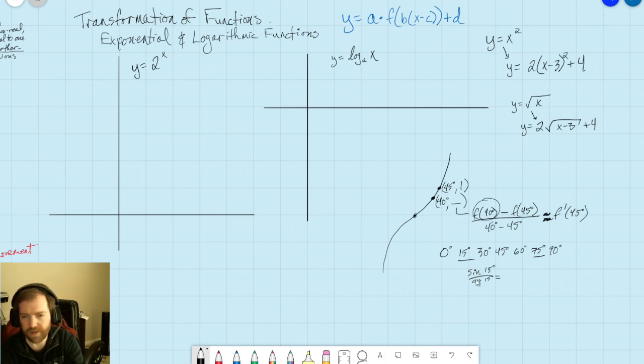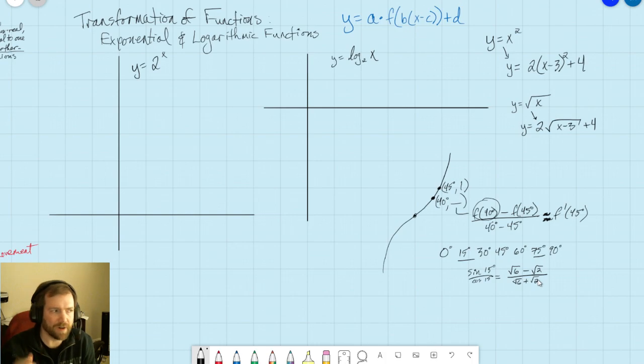So I know offhand that this is going to be the square root of 6 minus the square root of 2, divided by the square root of 6 plus the square root of 2.